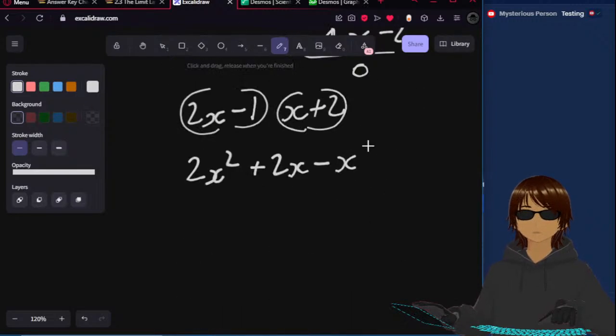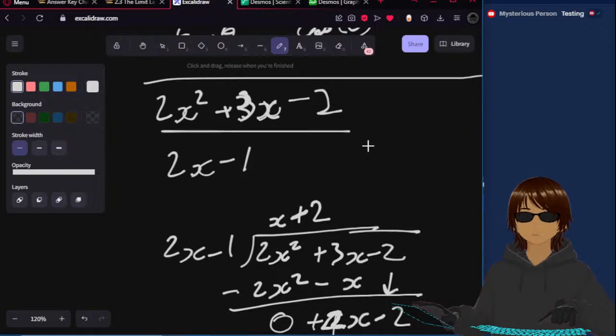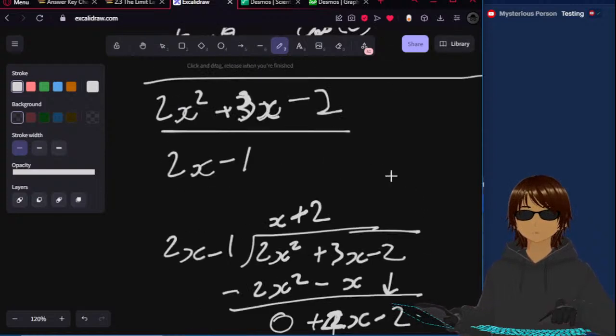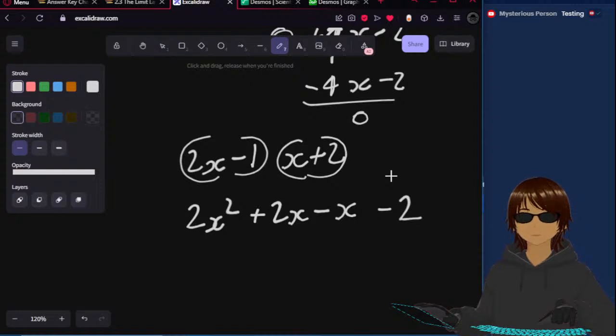Wait. Hold on, something isn't right. Two x squared. This is 4.